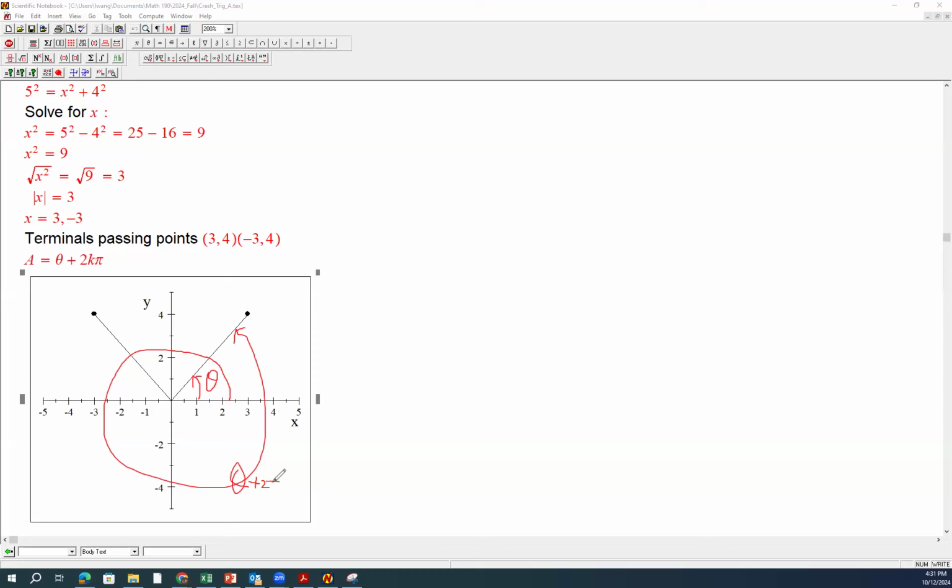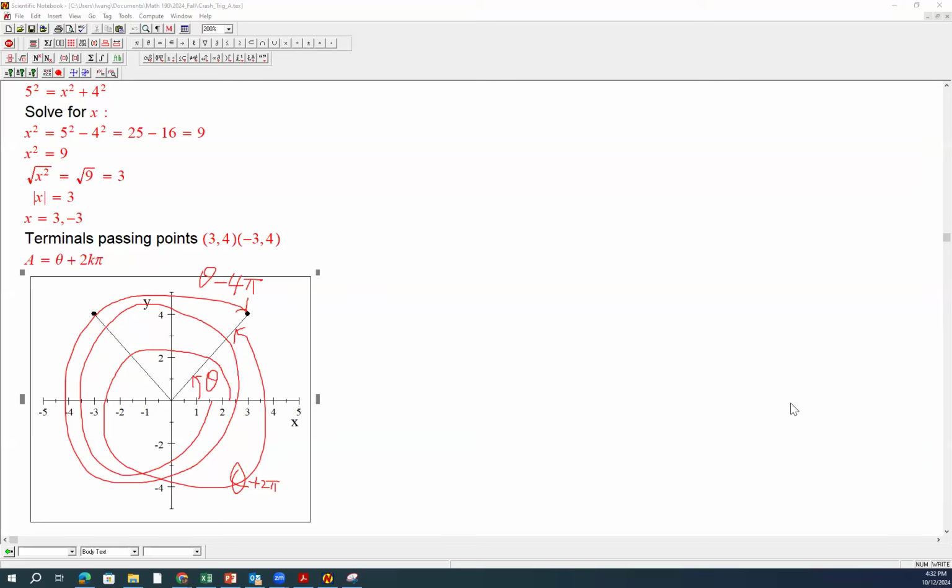We went counterclockwise. But what if my angle is clockwise? I go around twice. So this angle would be theta minus 4 pi. So you can see if I use 2k pi, where k can be a positive or negative integer, then I would represent all the angles.